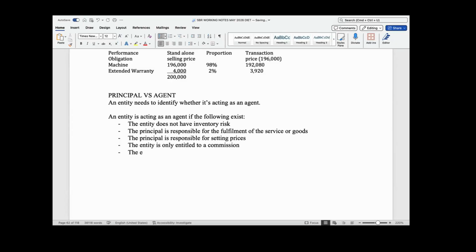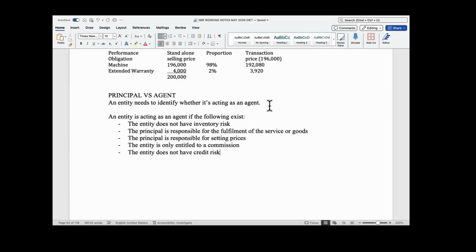And also the entity does not have credit risk. So in case there is a default by the customer, he does not have any credit risk. In all these cases, you are acting as an agent.